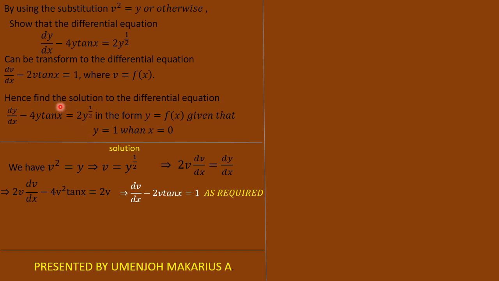Now guys, the question wants us to find the solution of this differential equation. Keep in mind that we have just shown that this differential equation can be transformed into this other differential equation. So it will be good for us to proceed with what we had initially.